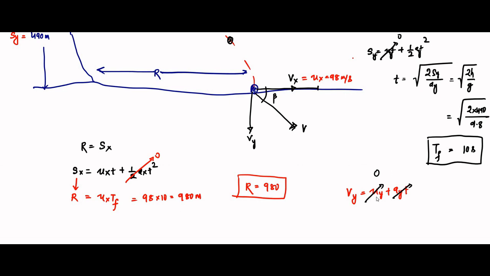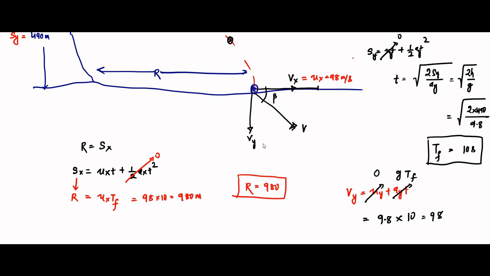So we'll take t as time of flight, so this becomes gtf. Okay, gtf. So this is equal to 9.8 meter per second square, which is acceleration due to gravity, and tf is equal to 10, so that is equal to 98.